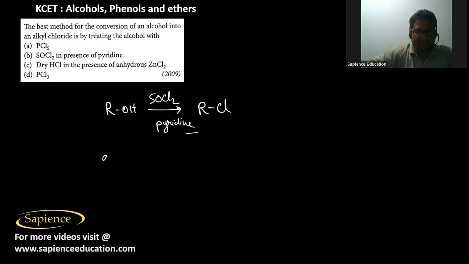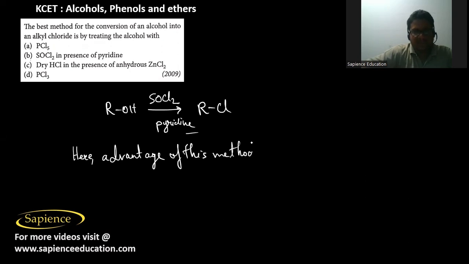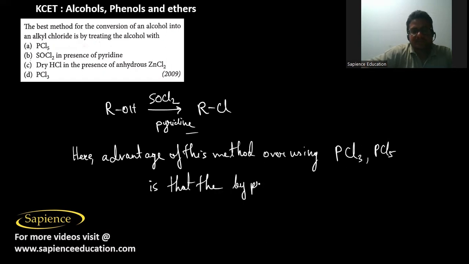Here the advantage of this method over using the phosphorus chlorides, PCl3 or PCl5, is that the byproducts formed are sulfur dioxide and hydrogen chloride.